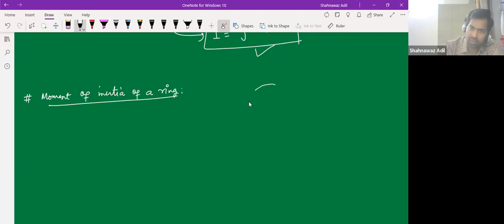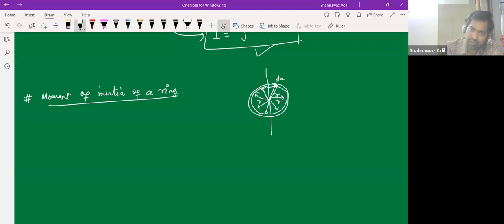You have a ring, and let's say this is dm, this is the axis of rotation, and this is the distance r.